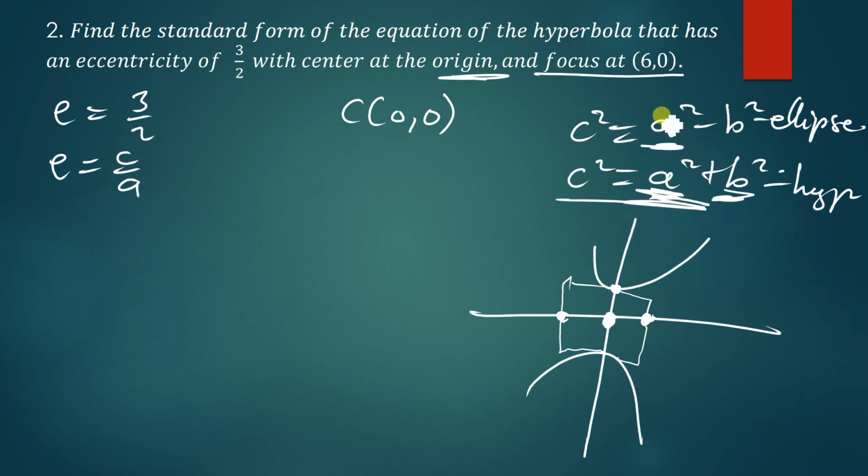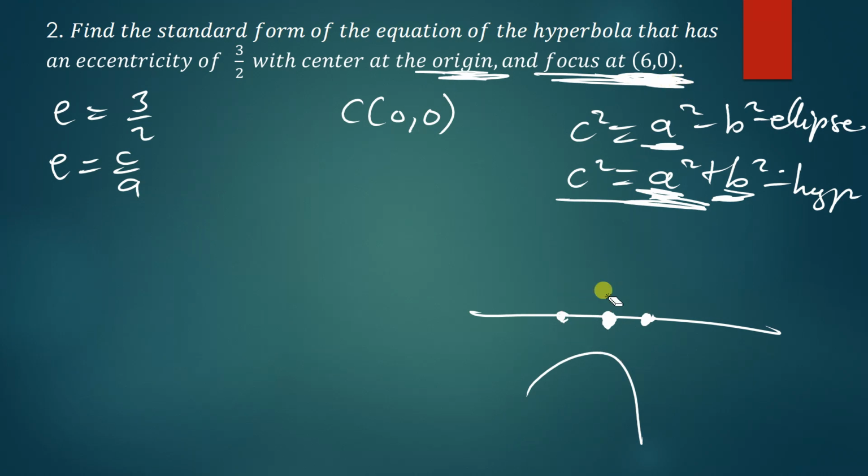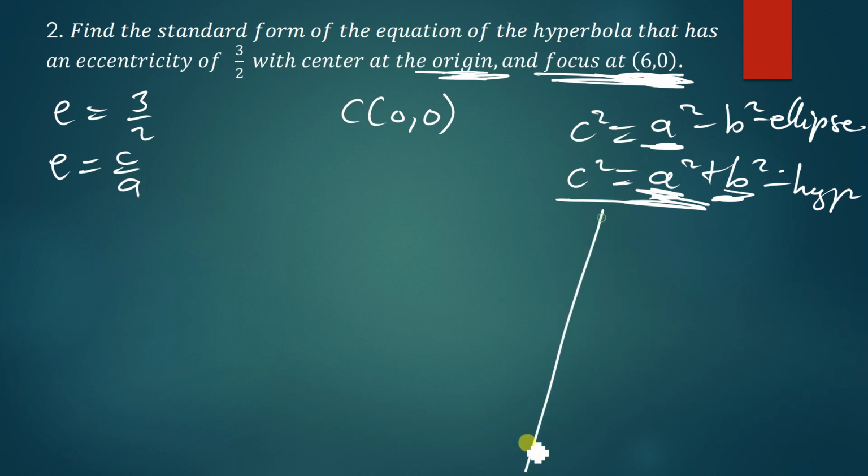Alright, so we have been given that the distance from the center to the focus there is 6, because we've been told the coordinate of the focus is 6, 0. So this tells us now that the orientation of this curve is in the x, because when you look at the focus, it's 6, 0.